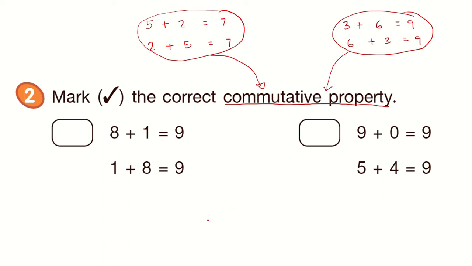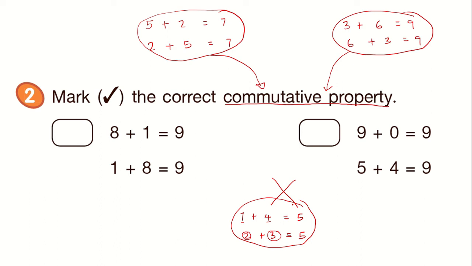Another example, if I have 1 plus 4 equals 5, and then I say 2 plus 3 equals 5. This is not commutative property because these two values are not the same as these ones.